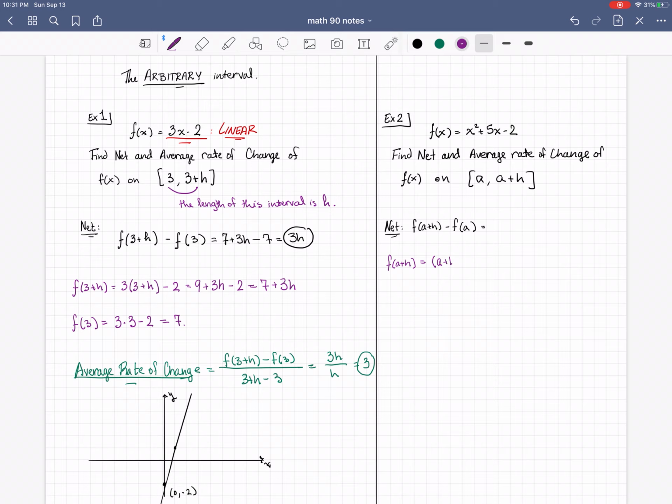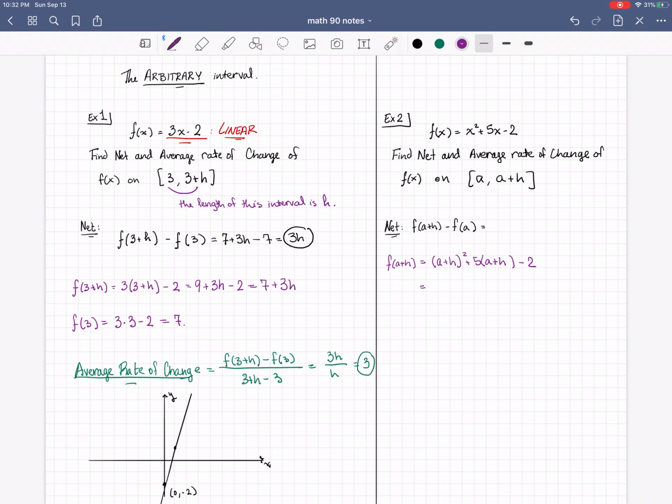So we're going to square it, add 5 times it, and then subtract 2. So notice that everywhere that we had an x in the original function, we replaced with A plus H, and that's how we found f of A plus H.